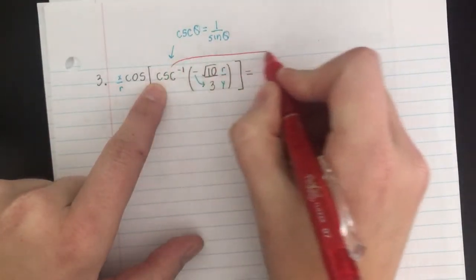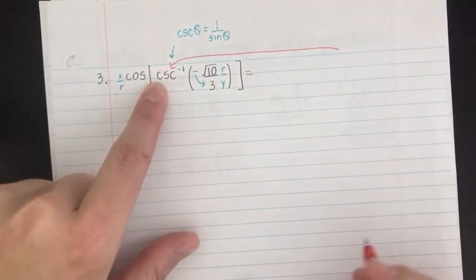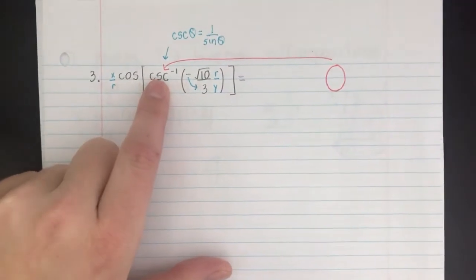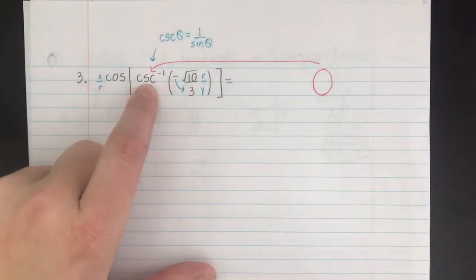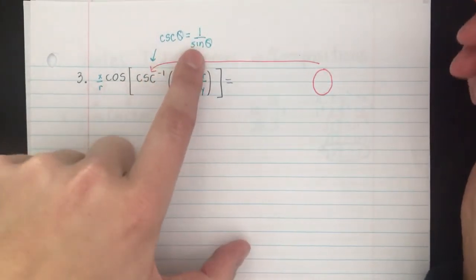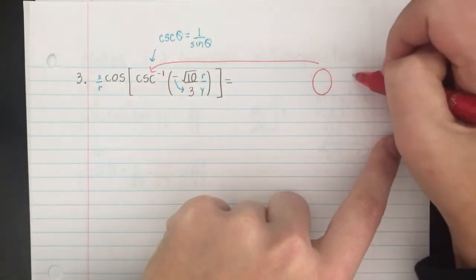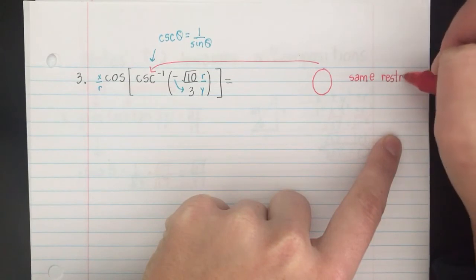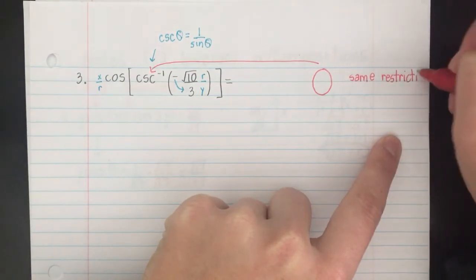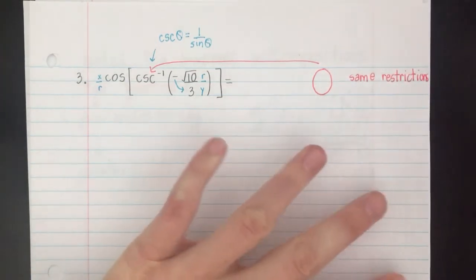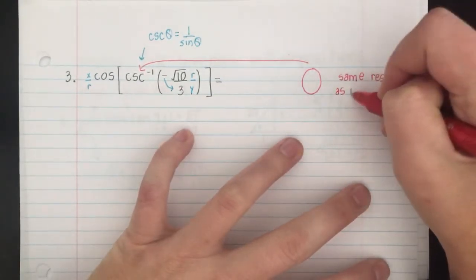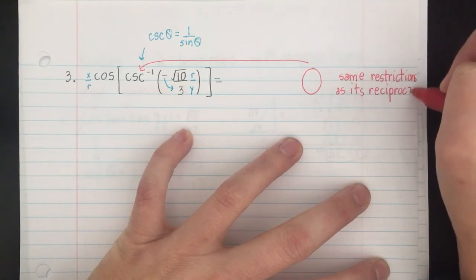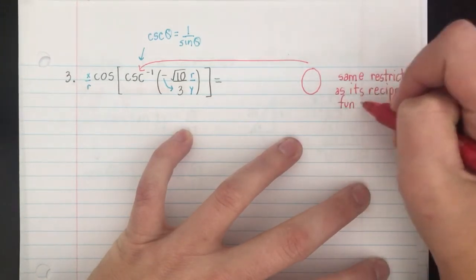So come off to the side and let's talk. We don't have a restriction for cosecant inverse, but we do have a restriction for sine inverse. So you use the same restrictions as its reciprocal function.